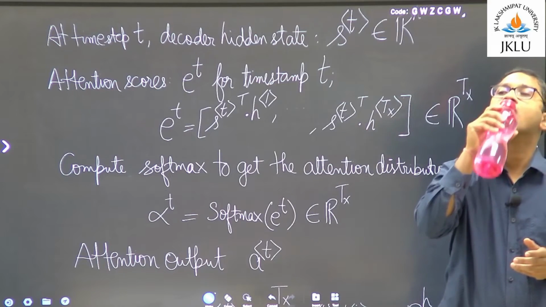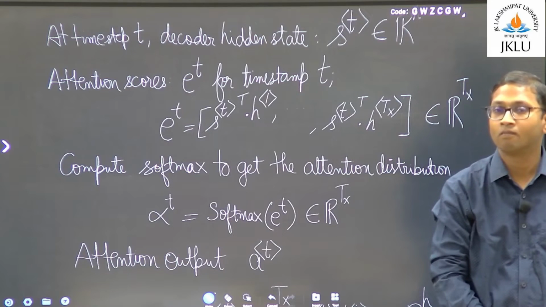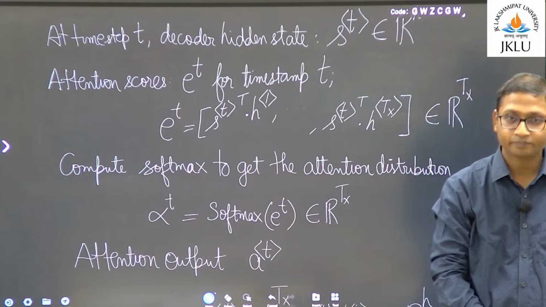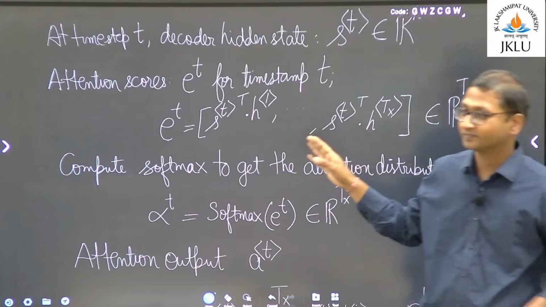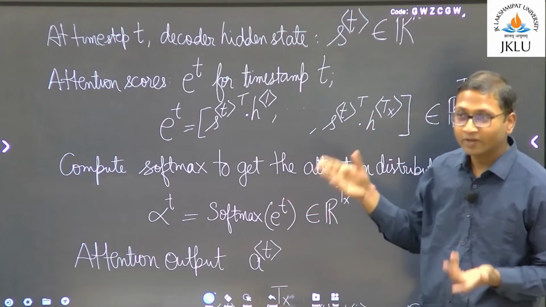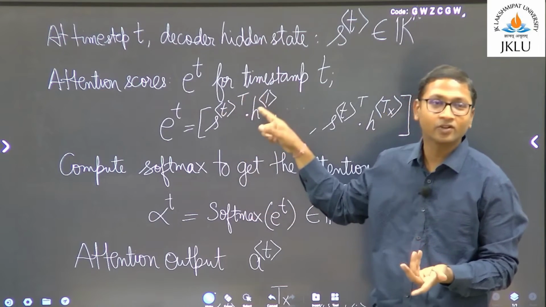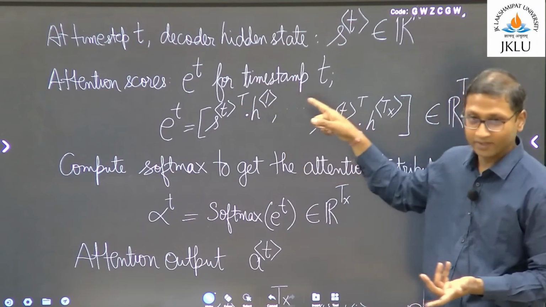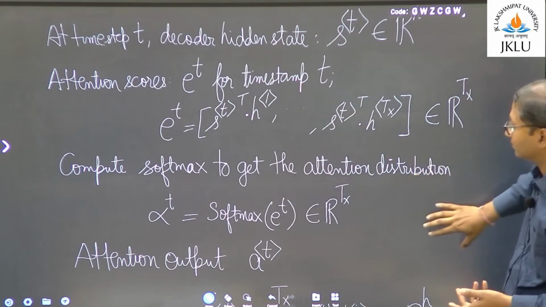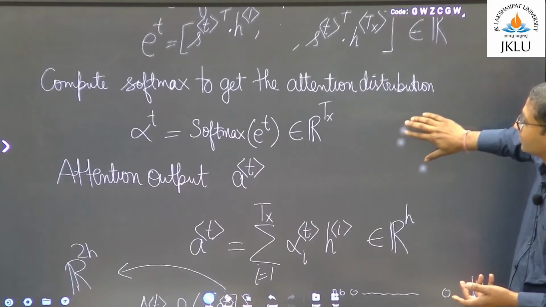Small t into tx. Zero. Where are the learnable parameters here? You are just taking a dot product. Okay, so zero parameters.